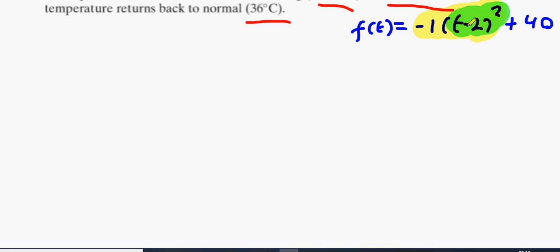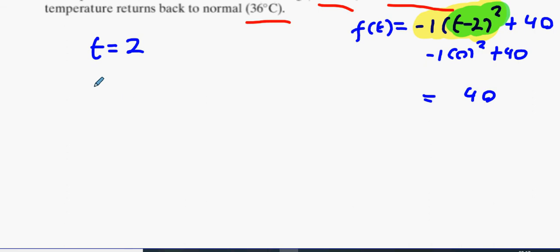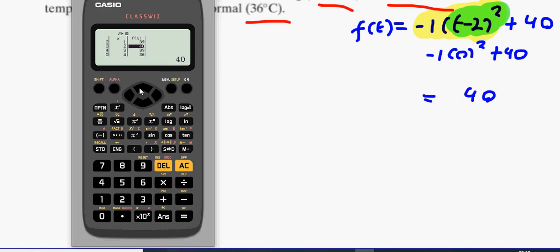How do I make that a maximum? How do I make sure that that's a 0 and not a negative number? t equals 2. 2 take away 2 is 0. So what's our maximum temperature? So this would be the point (2, 40). After 2 hours, you're at 40 degrees. And look, there it is there, (2, 40). Okay, matches my graph, perfect.